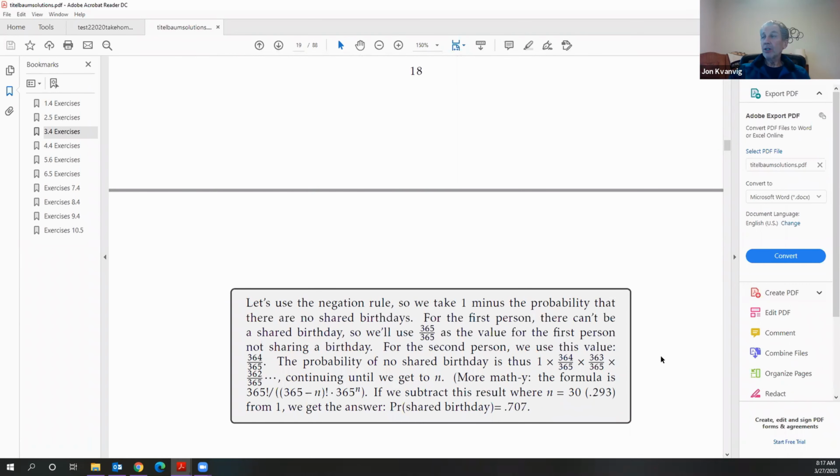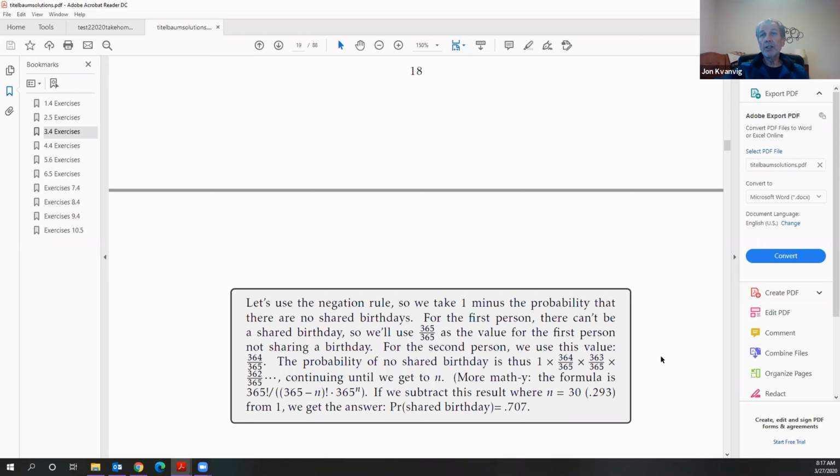So what we're going to do is try to figure out what the probability is that there are no shared birthdays among a certain number of people. And the way you do that is you imagine the people coming into the room in sequence. So the first person comes into the room, and obviously that person has no chance of sharing a birthday with somebody in the room.